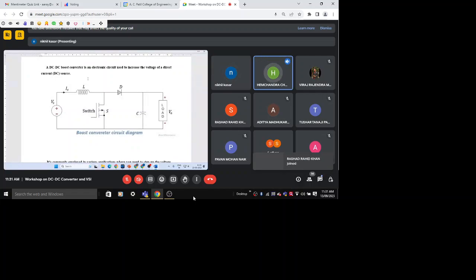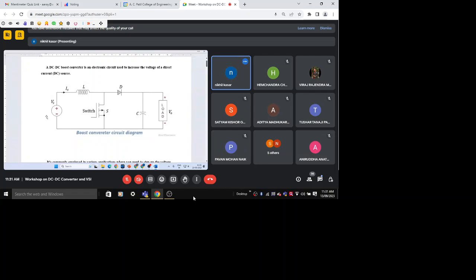Yes, it steps up the input voltage, the output is more than the input. Yeah, secondary voltage is much higher. Here, the same principle is there. Only our output voltage in the DC to DC boost converter is much higher than the input voltage.